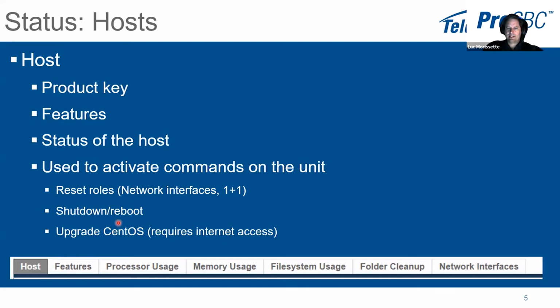You also have commands on the units, like I showed you at the beginning of this presentation today, how to reset the roles. So if you want to change from standalone to 1+1, you can do this here. If you want to change the network interface roles, you can do this here as well. You can shut down the servers at this level, or even upgrade the CentOS kernel.